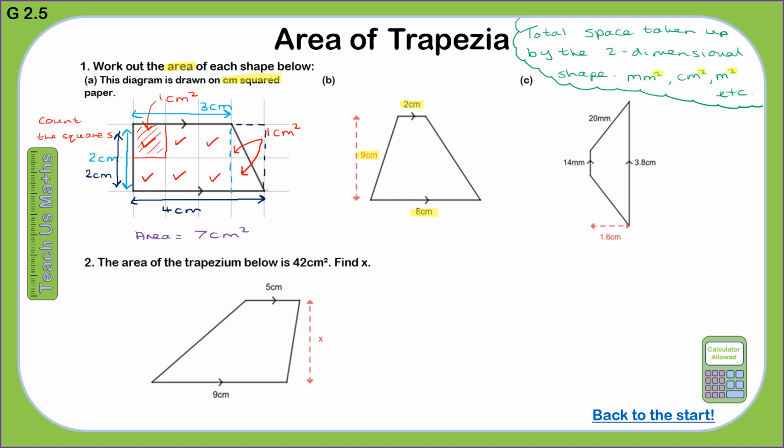The first rectangle we drew, where we used the shorter parallel side as the length of our rectangle, gave us an area that was smaller than our trapezium.